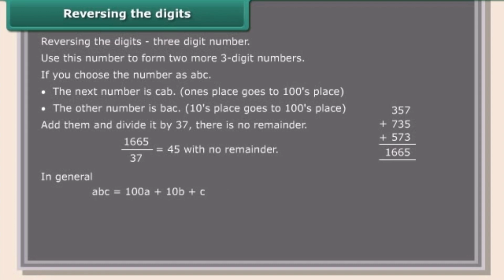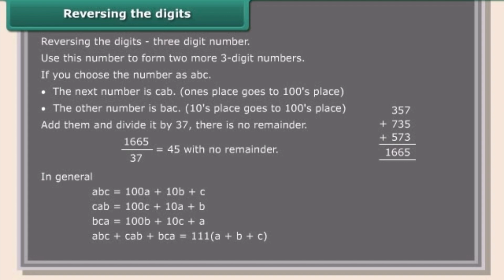In general, ABC = 100A + 10B + C, CAB = 100C + 10A + B, BCA = 100B + 10C + A. ABC + CAB + BCA = 111(A + B + C) = 37 × 3(A + B + C), which is divisible by 37.